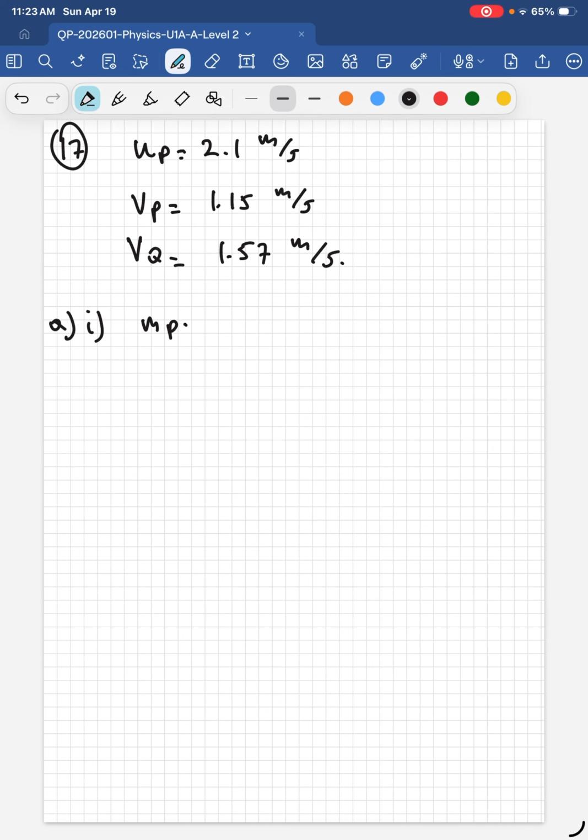So the mass of P times the initial velocity of P, which is the situation before, is equal to the situation after, which is the momentum after the collision, in other words.